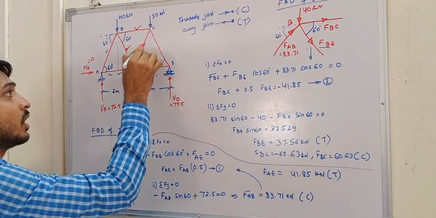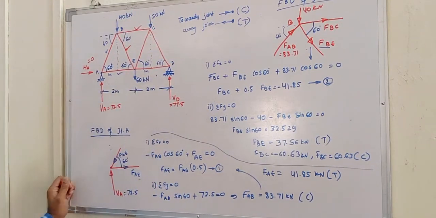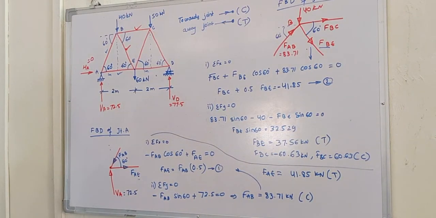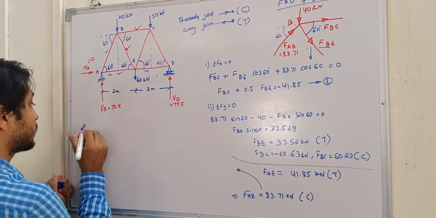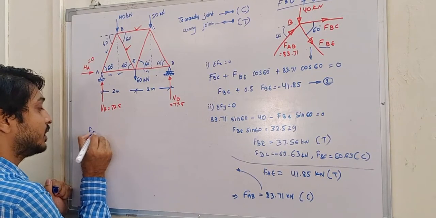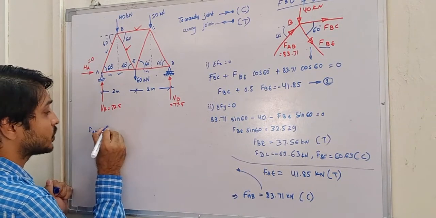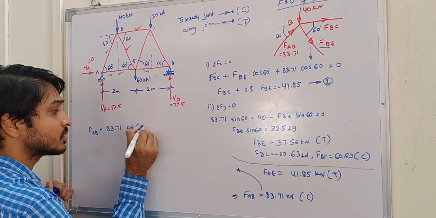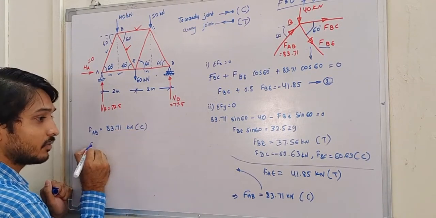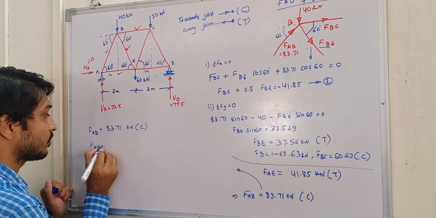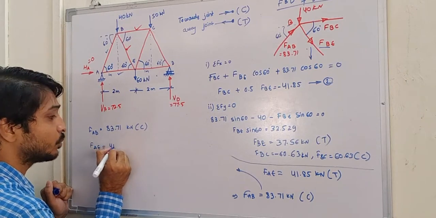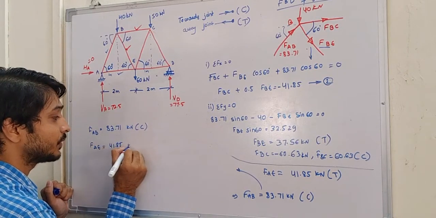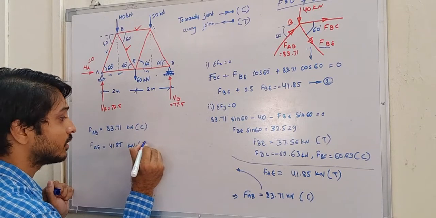How many are remaining? 1, 2, 3. So that 3 will calculate. First, FAB is equals to 83.71 kilonewton, which is compression. FAE is equals to 41.85 kilonewton, which is tension.